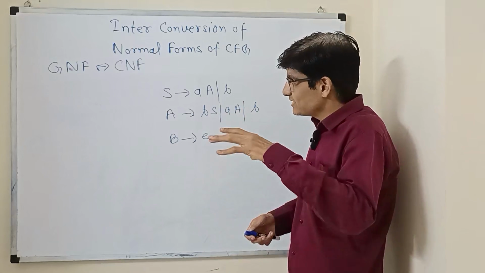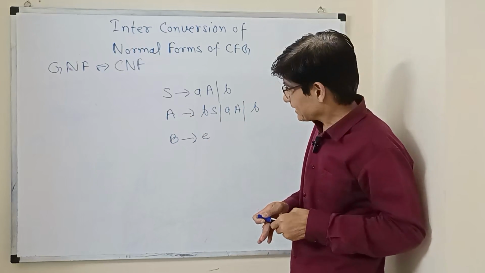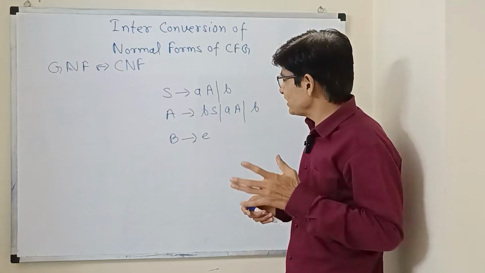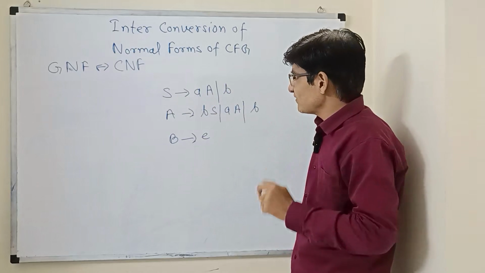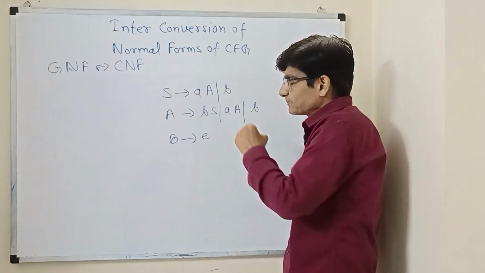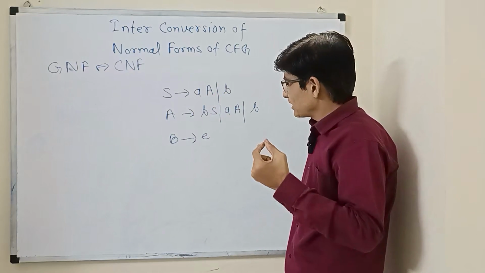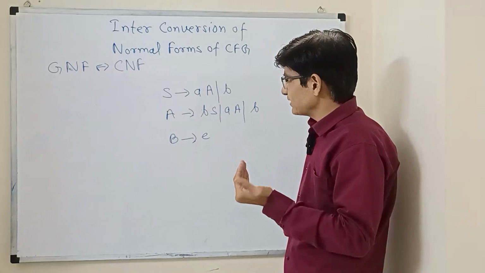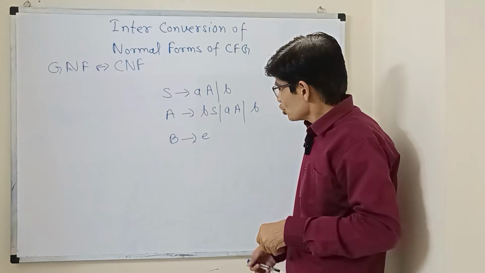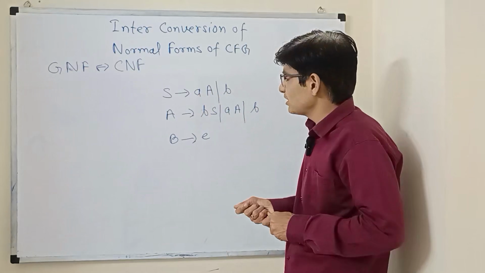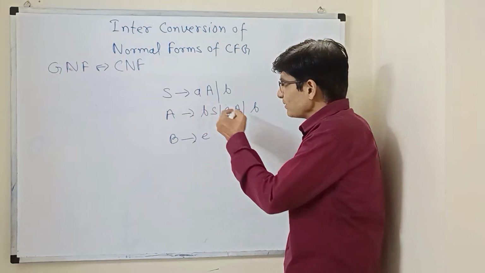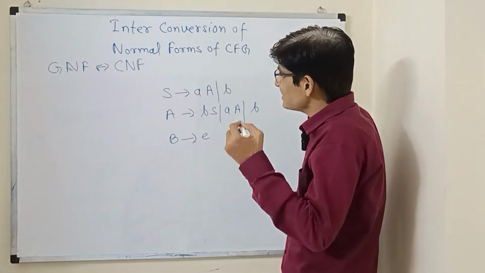So conversion from GNF to CNF is very simple. As you can see here, what we need to do: as all productions in GNF have a particular terminal on the right hand side at the first position, we need to convert all these terminals into some variable. Now you can see how many productions are there which are already in CNF.